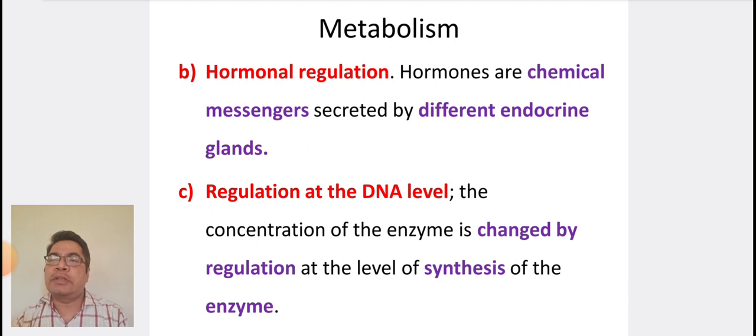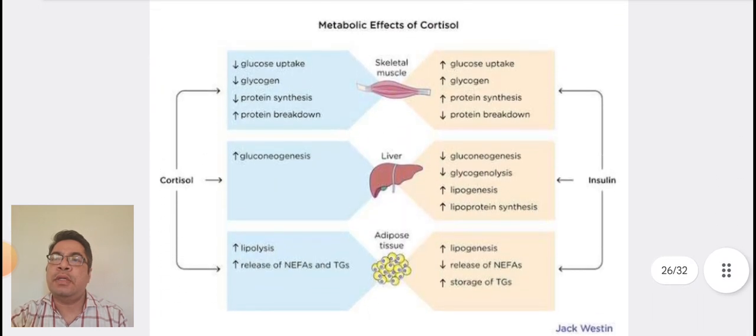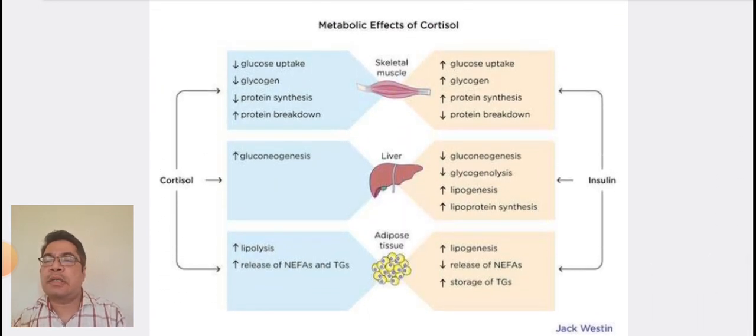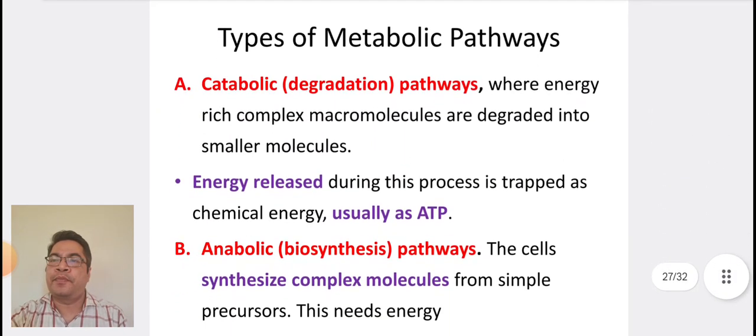C. Regulation at the DNA level. The concentration of the enzyme is changed by regulation at the level of synthesis of the enzyme. In this diagram, there are cortisol and insulin which act on skeletal muscles, liver, and adipose tissue. Cortisol increases gluconeogenesis, whereas insulin decreases gluconeogenesis.